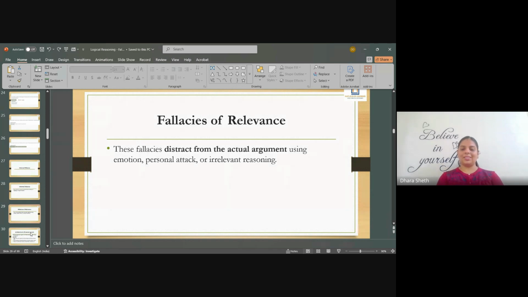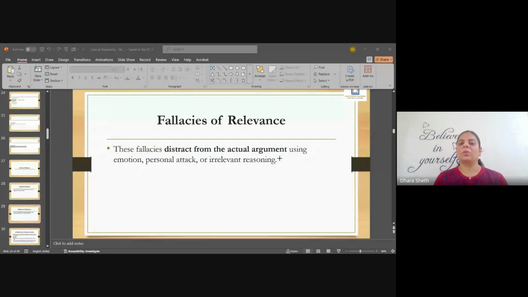Now see, I have tried to classify them. It's a long list of fallacies, and I tried to classify them into fallacies of relevance, presumption, and ambiguity. I've done this because a question has also been asked about which of these is not a fallacy of relevance.